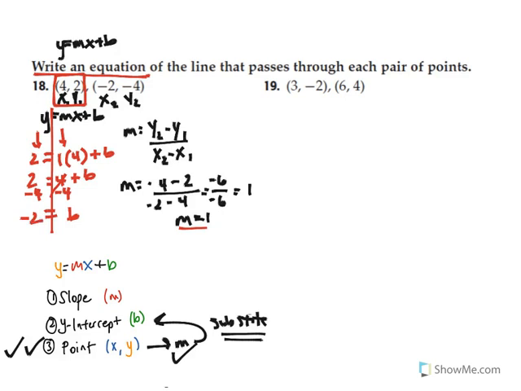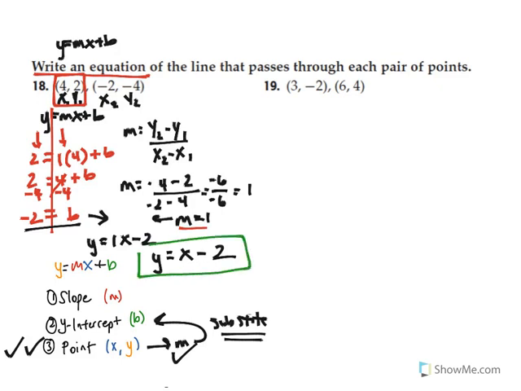B equals negative 2. So now I use the b here and the m here in order to write my equation. Y equals 1x minus 2, y equals x minus 2. And this is the equation of the line that passes through these 2 points.